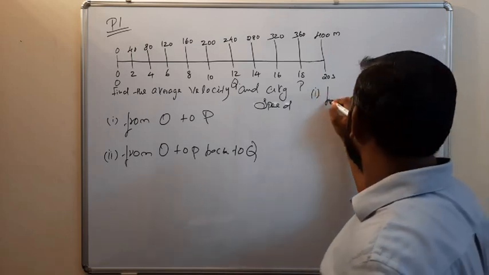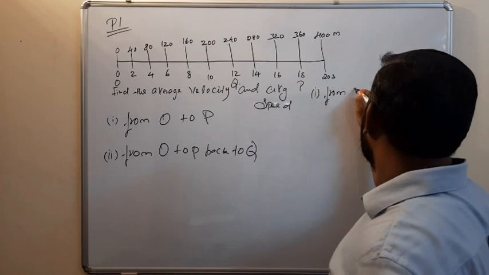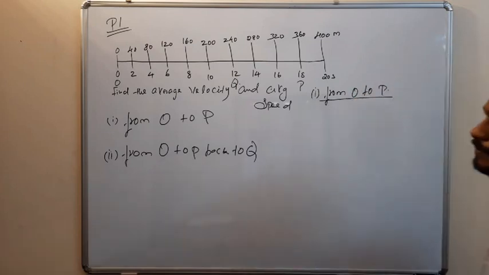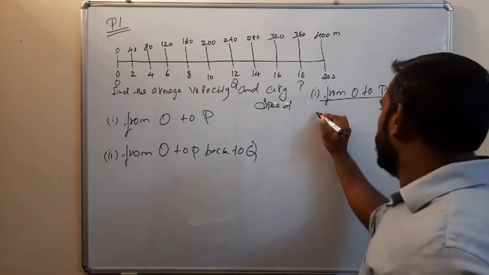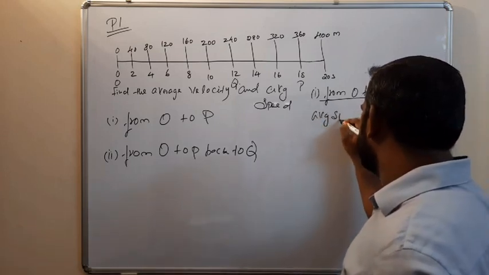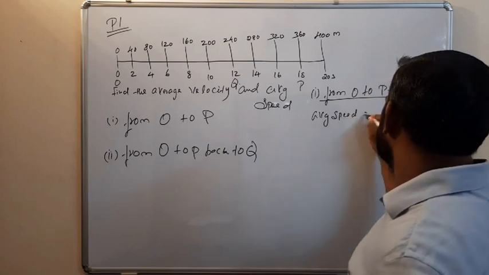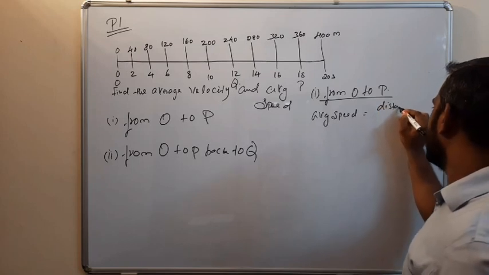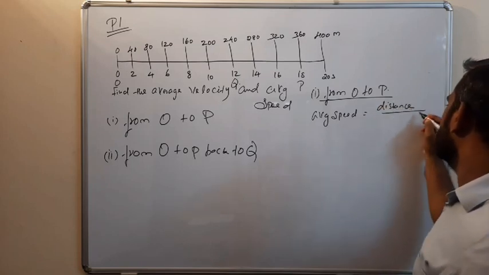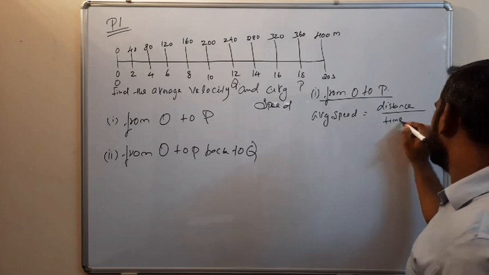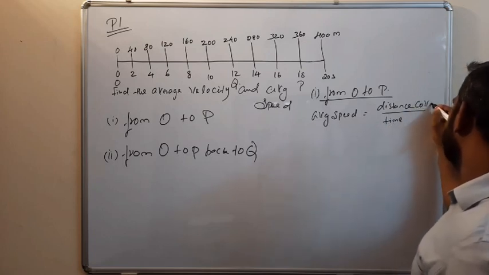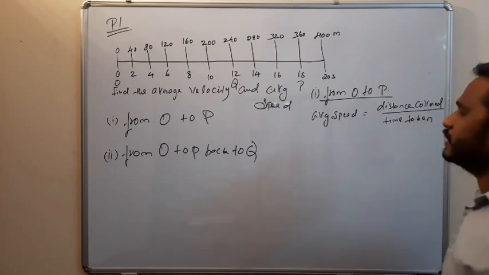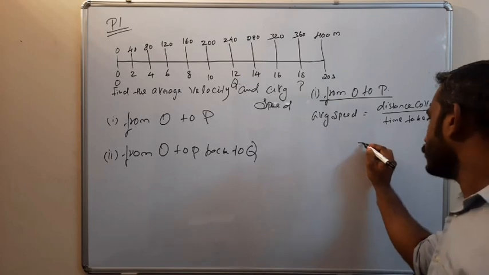From O to P. Average speed, what is the formula? Distance covered divided by time taken.